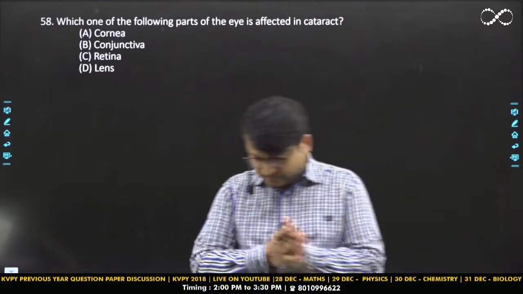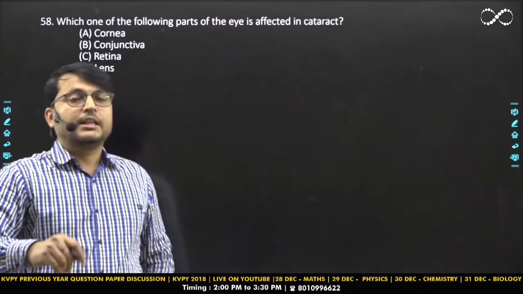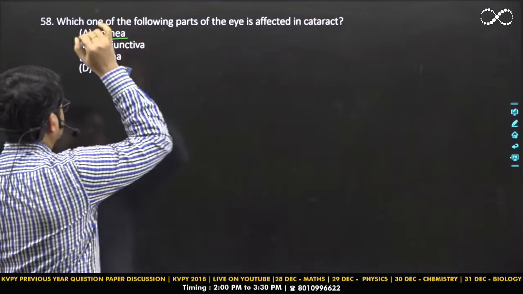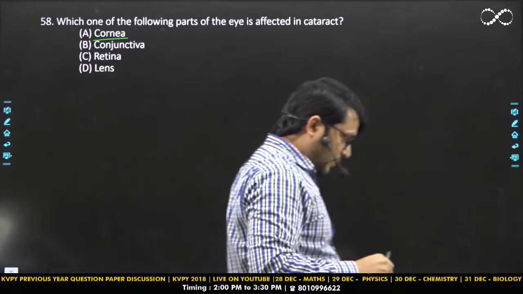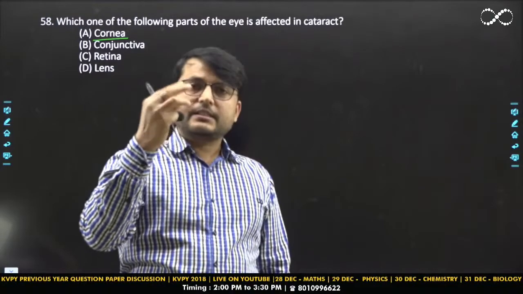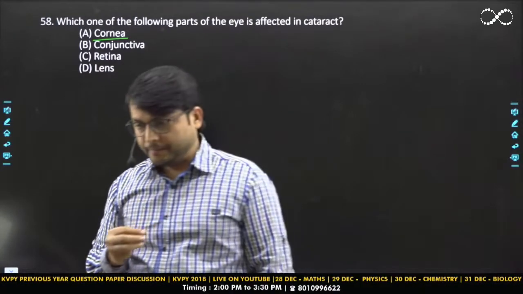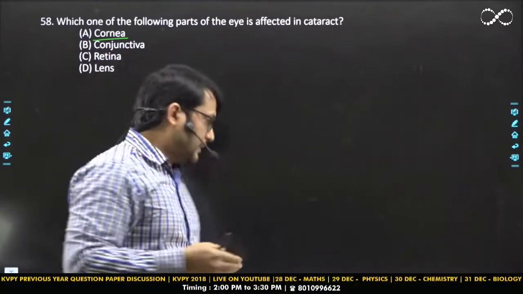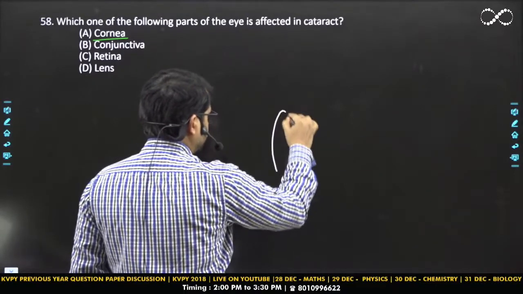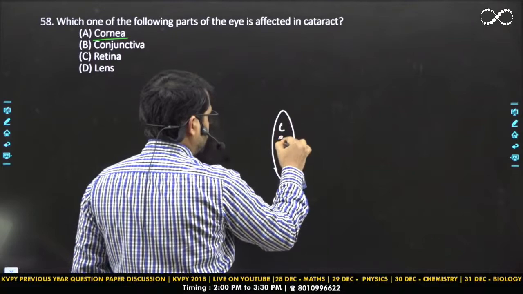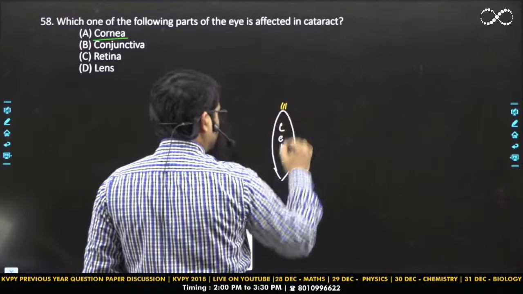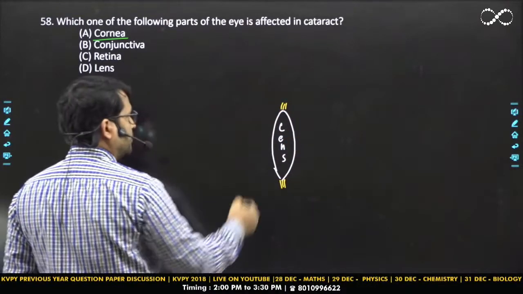Okay, cataract. See, that happens mainly because of your cornea. Okay, why? See, the lens is a crystalline structure. There is no change in there. What happens is, just outside the lens, if you look at the structure of the human eye, this is the lens. This lens is hanging with the help of ciliary muscles.